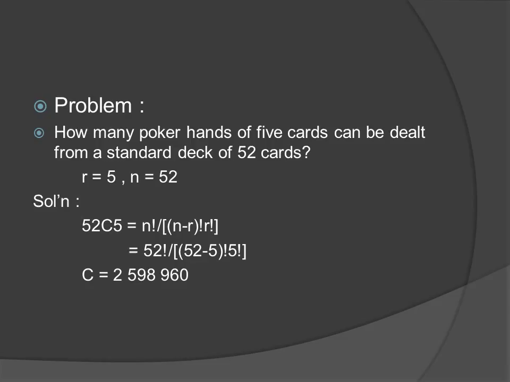The solution is 52 combination 5 equals n factorial divided by n minus r factorial times r factorial, which is 52 factorial divided by 52 minus 5 factorial times 5 factorial. The combination is 2,598,960.